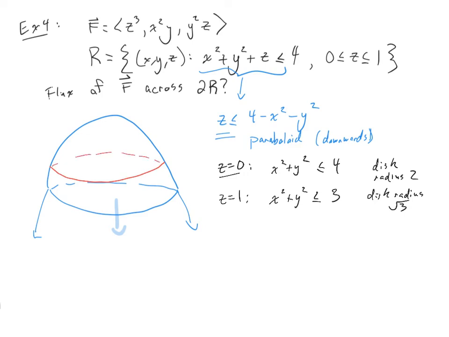At height z equals 0, I'm at a disk of radius 2, and at height z equals 1, I'm at this square root 3 disk. And so the region I actually care about, R, is in between these two. So it looks something like this.